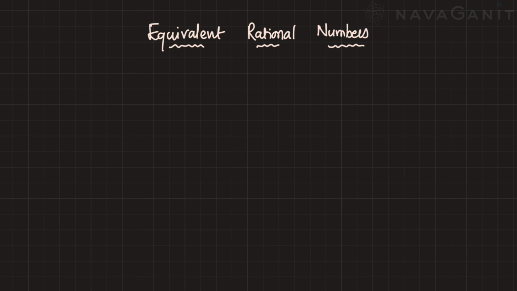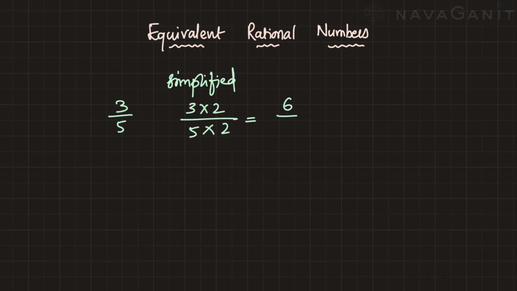Now let us understand what are equivalent rational numbers. Two rational numbers are equivalent if they represent the same value when simplified. Let us understand using a few examples. Say I have 3 upon 5. If I multiply numerator and denominator by 2, 3 multiplied by 2 and 5 multiplied by 2, this gives me 6 upon 10.